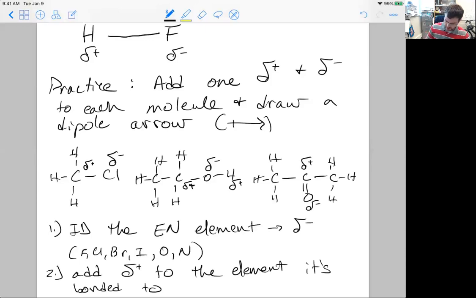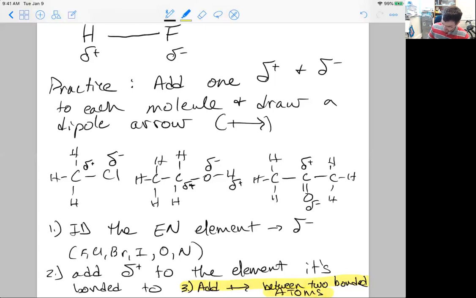Now, last step is 3, add our arrow between 2 bonded atoms. Oh my goodness, I actually get frustrated.